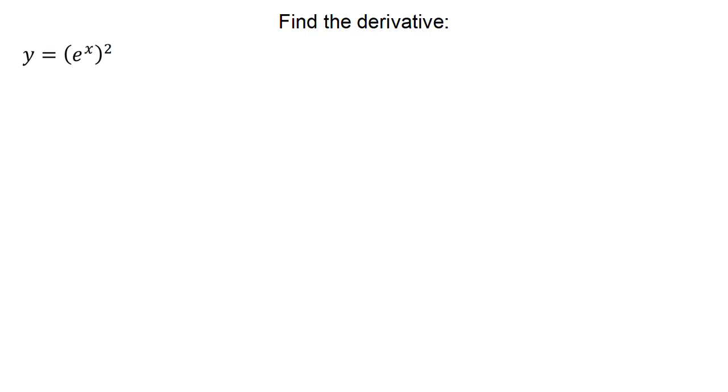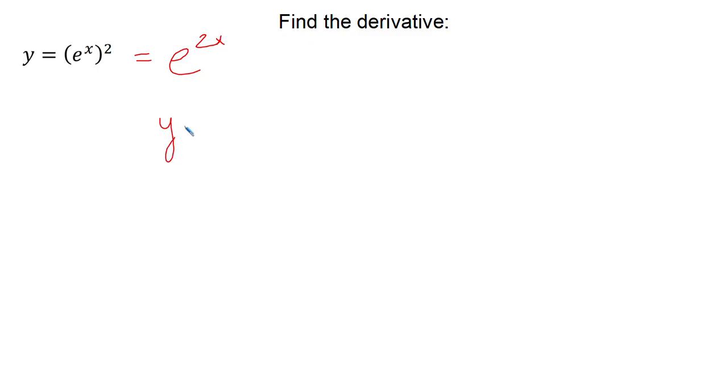All right, number 18 here, we've got e to the x being squared. So we could think about this as a function being squared, but I think the easier way to think about it is just to say this is the same as e to the 2x, right? Just multiply the exponents.